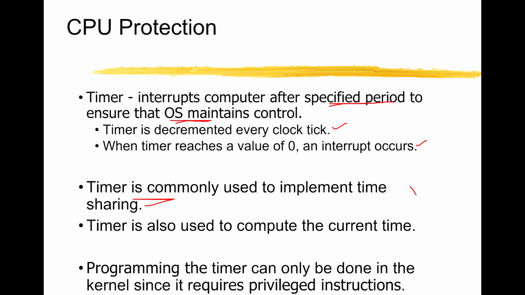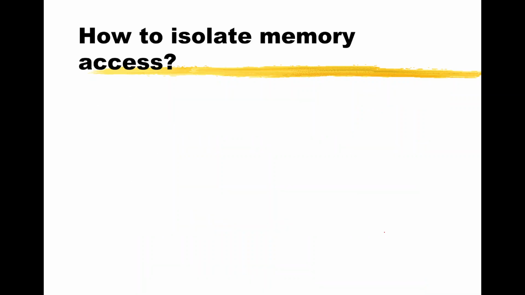Programming the timer can only be done in the kernel since it requires privileged instructions. The timer must talk to the hardware, the timer on your board, so it must use a privileged instruction each time the timer is called.